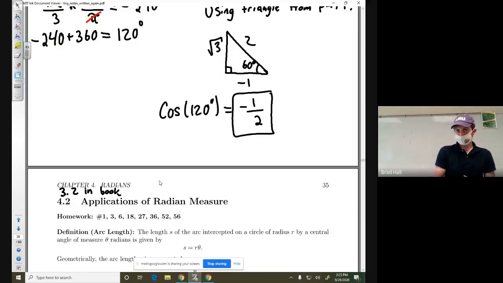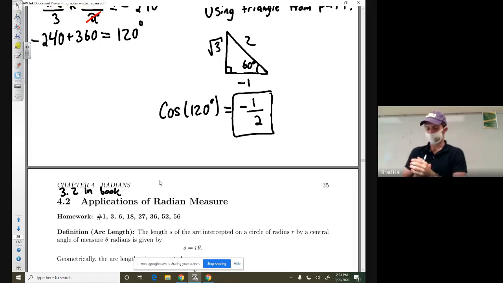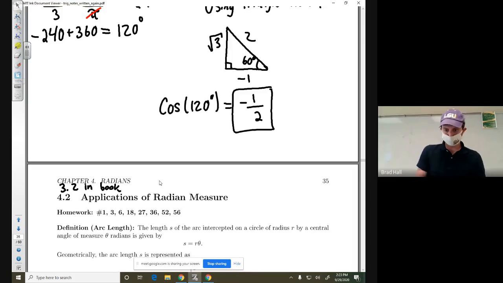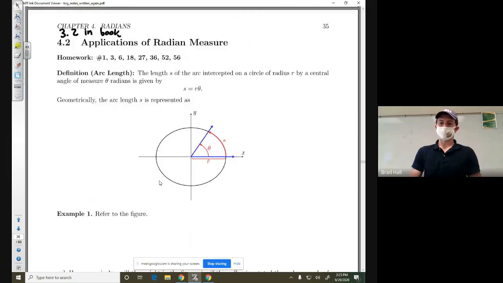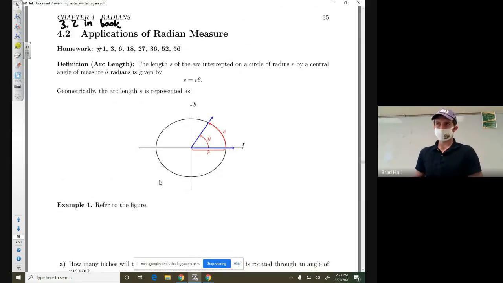Cool. Any questions for me before we move on to the last section before the midterm? Because if not, let's do exactly that. Applications of radian measure. So, of course, as I mentioned before, there is a reason why we like radian measure over degrees for angles.